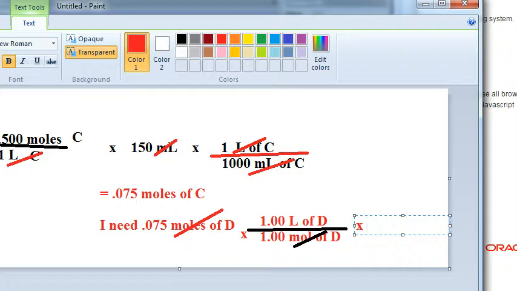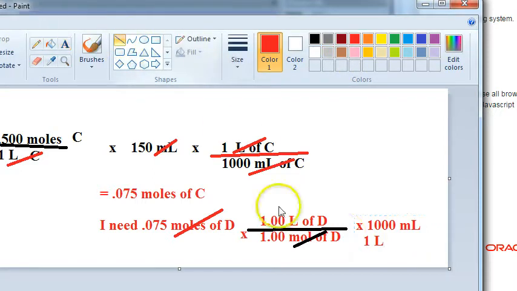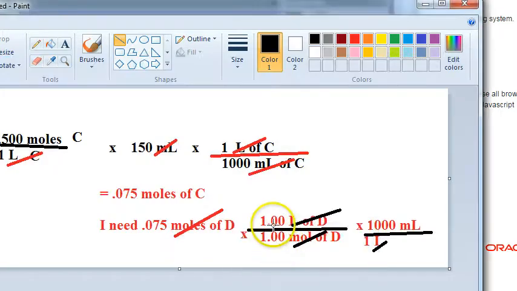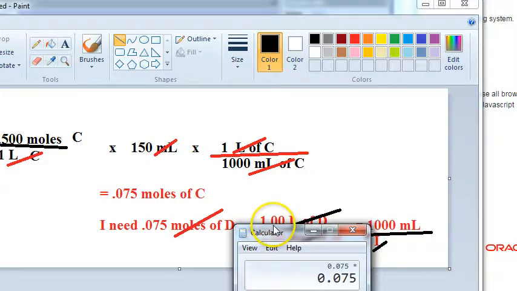Liters go on the bottom. There are 1,000 milliliters in 1 liter. So liters of D cancel, and milliliters are all that's left, so the answer is going to be in milliliters. 0.075 times 1,000 means 75 milliliters.